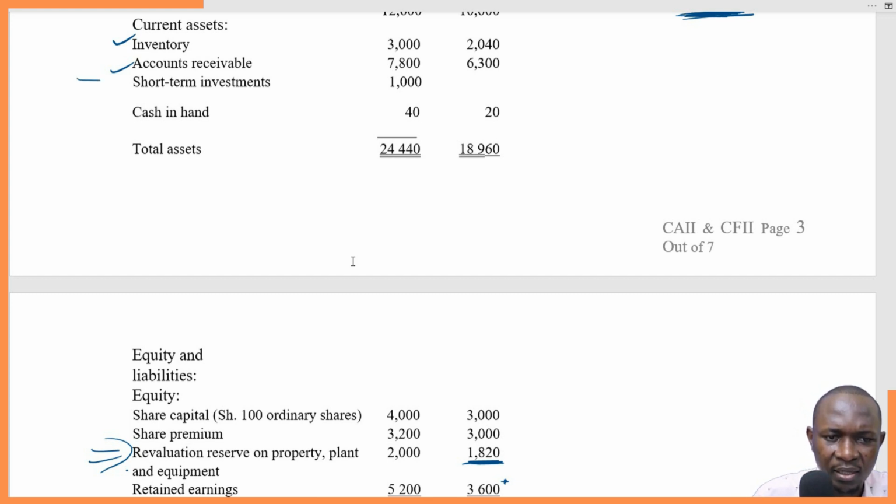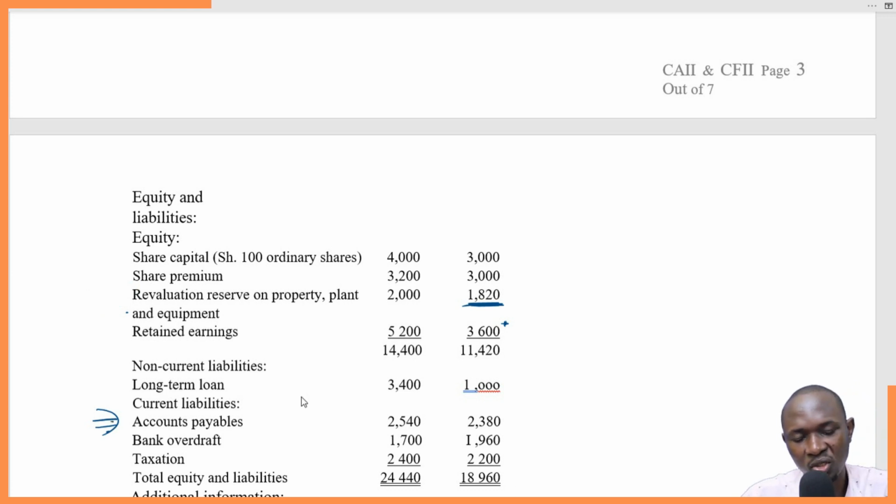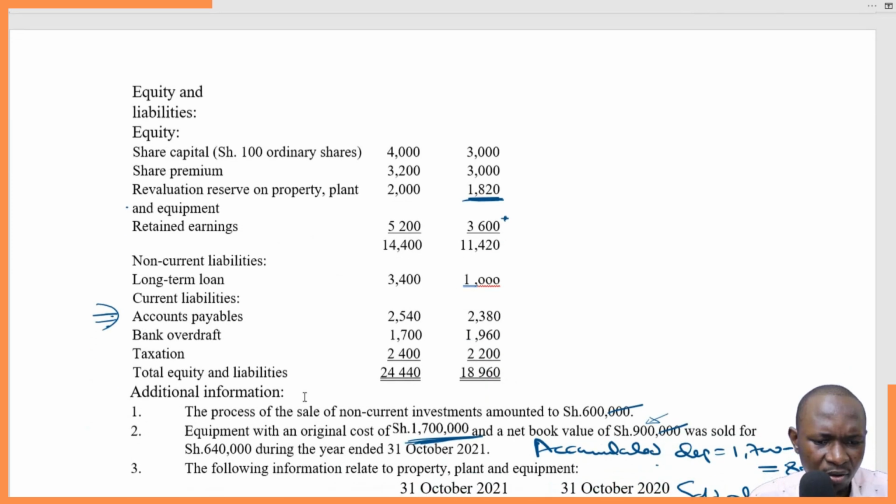These ones are treated as cash and cash equivalents, and they're the basis of the cash flow statement. And then we also have the accounts payable. Accounts payable is also put under sharp focus here on changes in working capital. Bank overdraft is part of the cash and cash equivalents because it's a short-term loan.